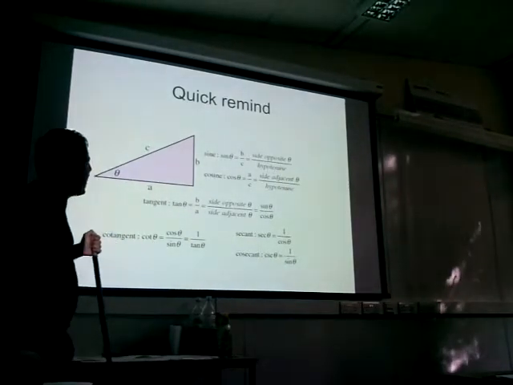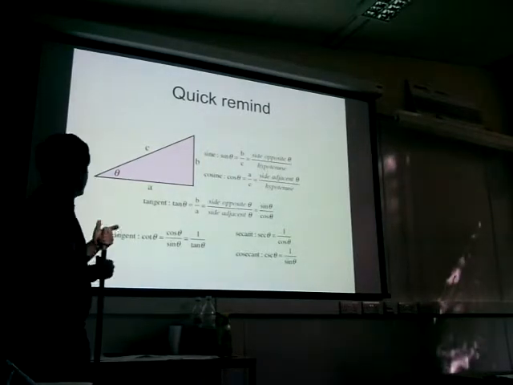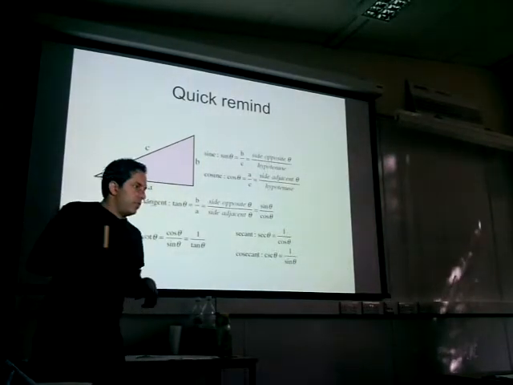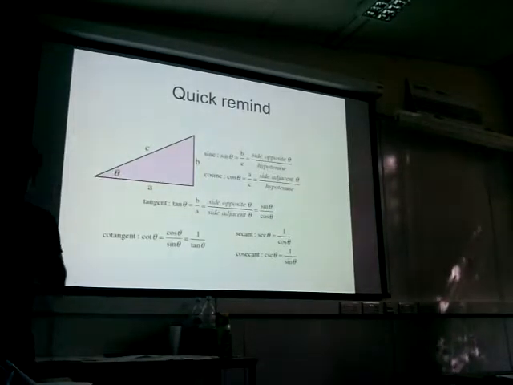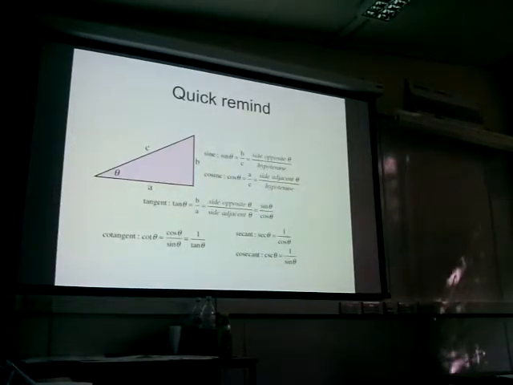We know that the sine is defined as the side opposite to the angle divided by the hypotenuse. Okay? Cosine is the side adjacent to the angle divided by the hypotenuse. That's the definition, use it as a definition. The tangent is the side opposite over the side adjacent, sine over cosine.